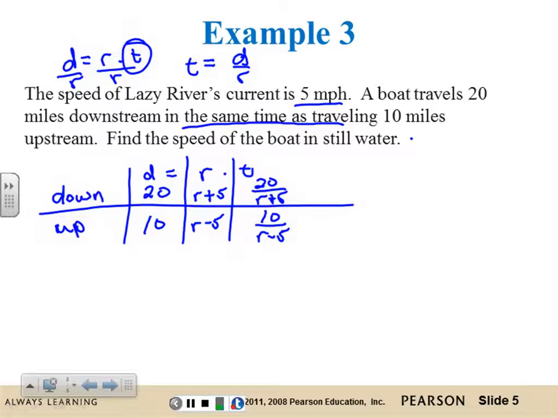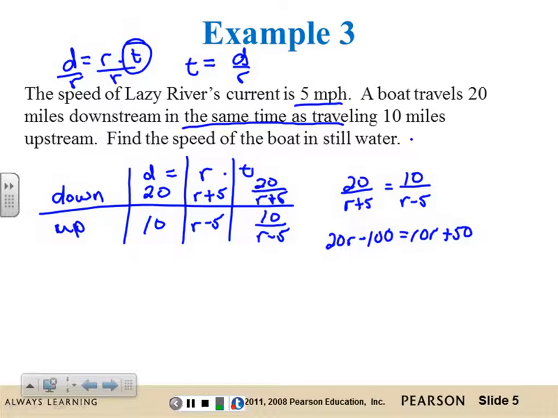So I'm going to have 20 over r plus 5 is equal to 10 over r minus 5. So I have one fraction set equal to another fraction, which means we're going to butterfly. So we have 20r minus 100 is equal to 10r plus 50.